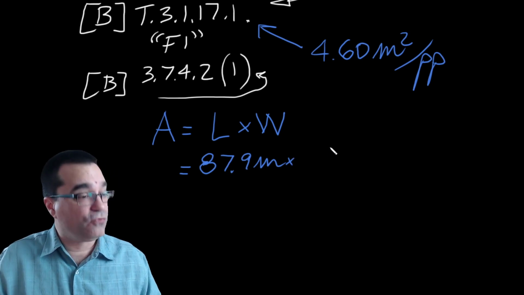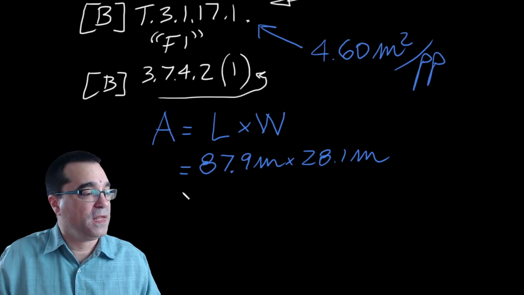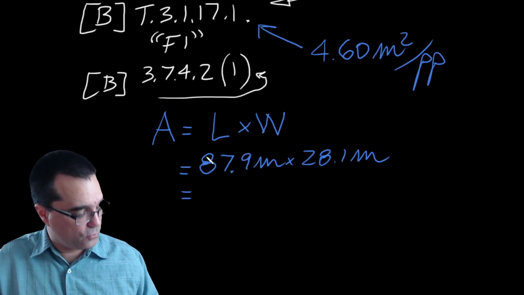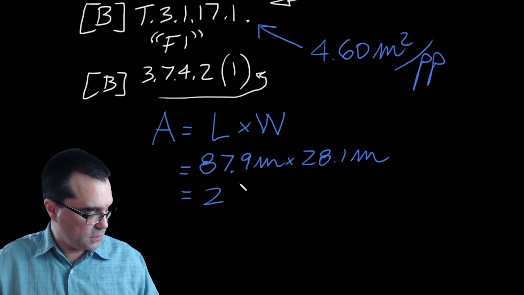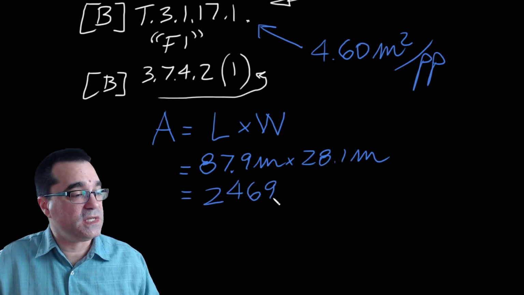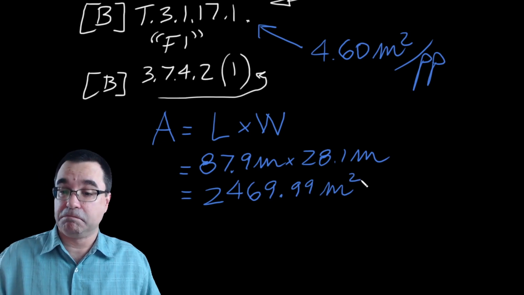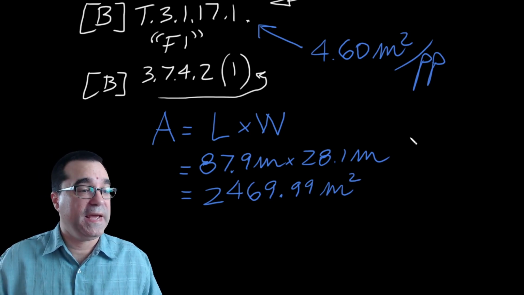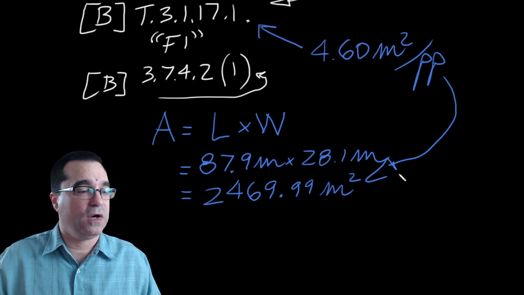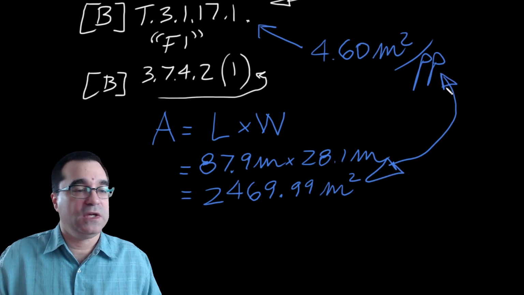And the width for this is 28.1 meter. And when I do it best 2 out of 3, I get 2,469.99 meters squared.